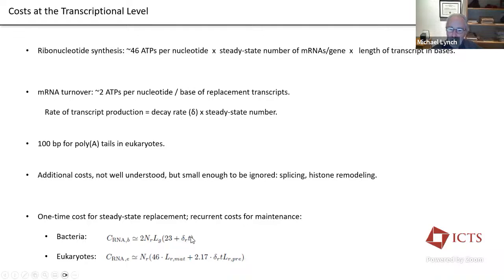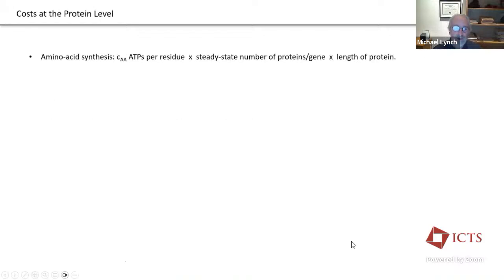In effect, that product is the number of replacements that you have to make in the lifetime of a cell. So if you know the decay rate, the length of the gene, the cell division rate, and something about the number of transcripts in the cell, we can calculate the cost at the transcript level.